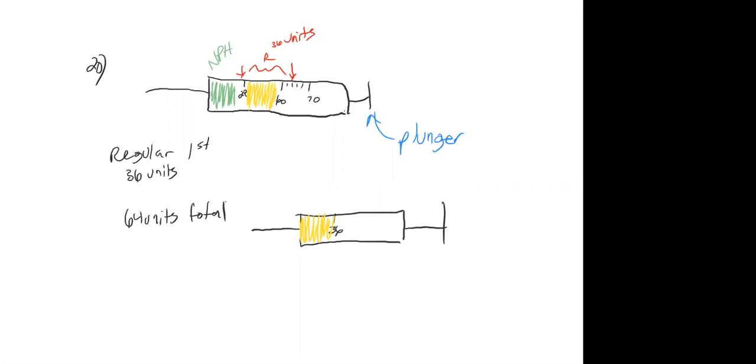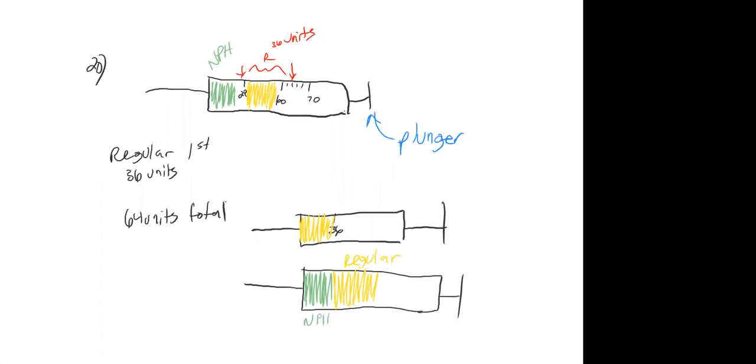Now I'm going to add NPH. And when I add NPH, I'm not going to necessarily make marks on this one. I guess I will. The yellow stays there. What happens is the green fills in here, and then the yellow fills in the rest. And that's what they're trying to get you to look at. So where the yellow is the regular and the green is the NPH.